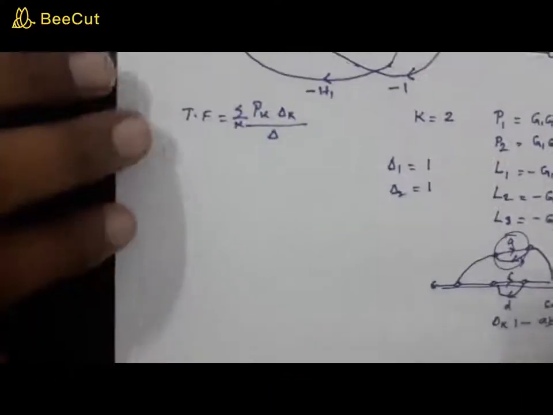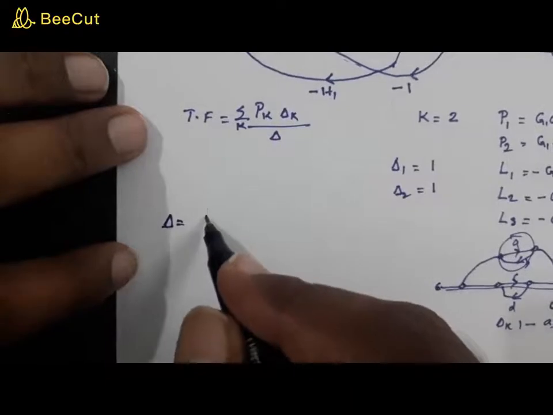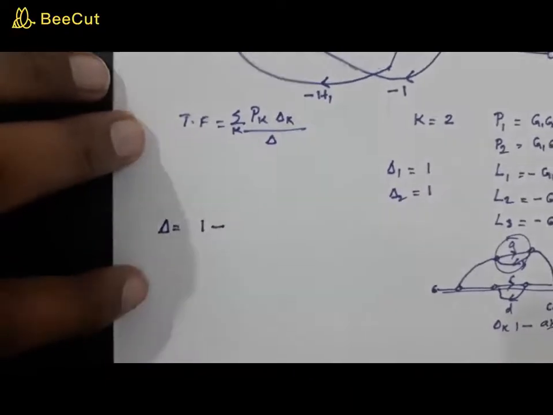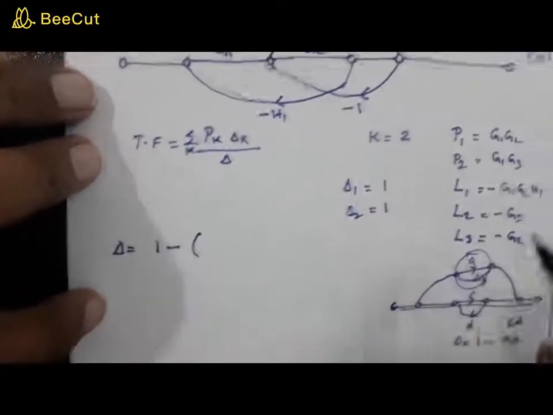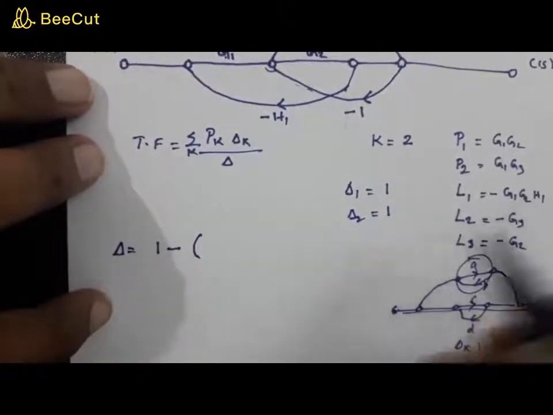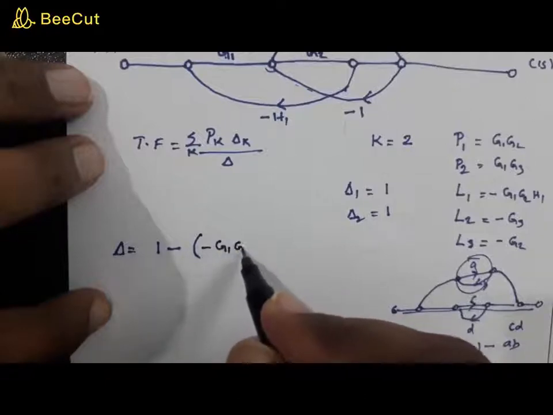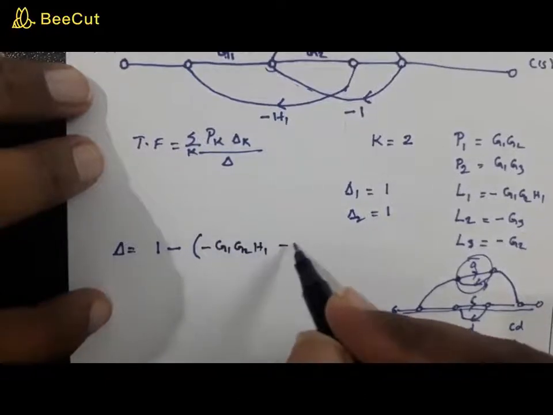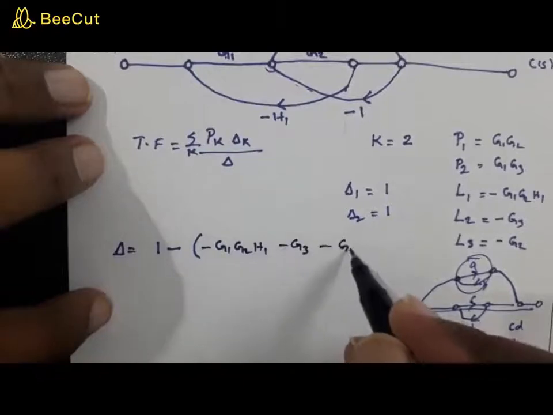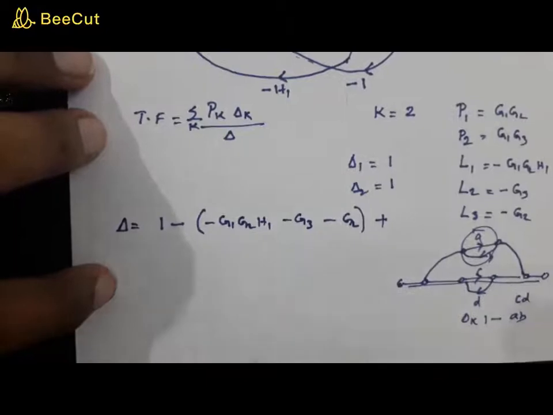Now, what is your delta? How to find delta? Delta is 1 minus the sum of the loops. So the sum of the loops is minus G1, G2, H1, minus G3, minus G2. Now, plus, what's the next step?